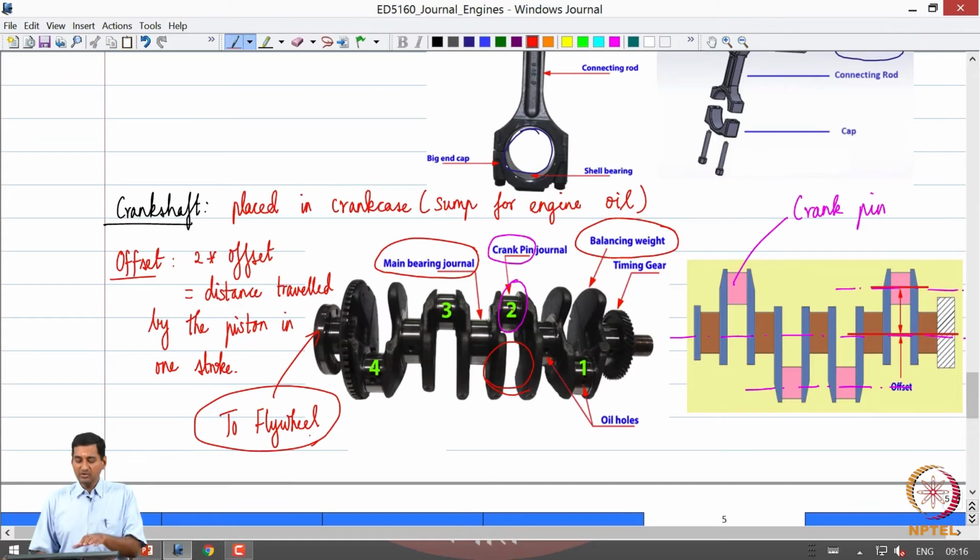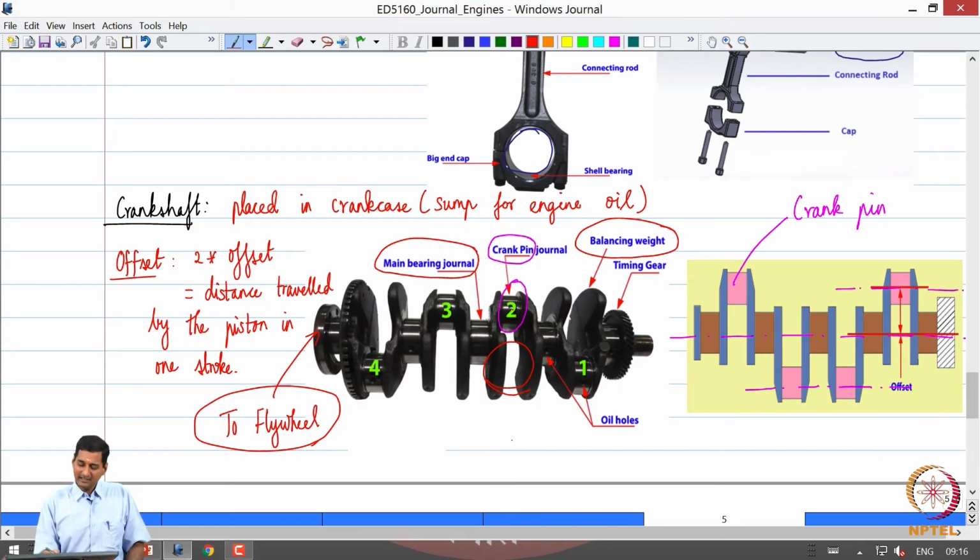So, when this entire assembly is placed in the crankcase, there are seals at both ends to ensure that the engine oil does not leak from the crankcase. But when this crankshaft rotates at high speeds and the engine oil is splashed around, there is a chance that the seal may get damaged and the oil may start to leak.